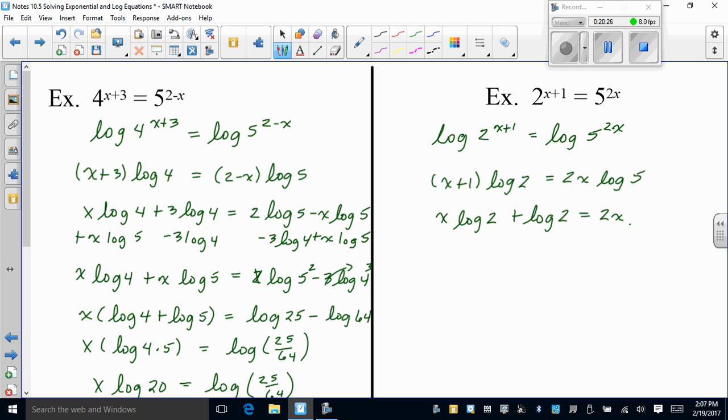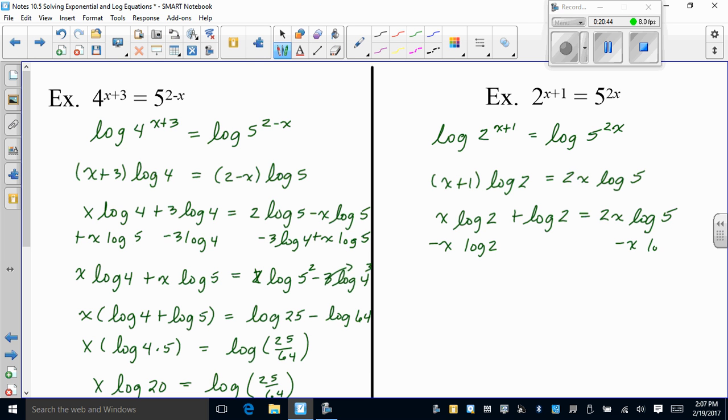Okay, I'm going to move this x over here since there's nothing else to move. So I have negative x log of 2 on both sides.